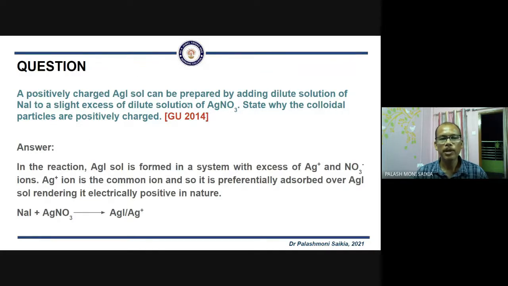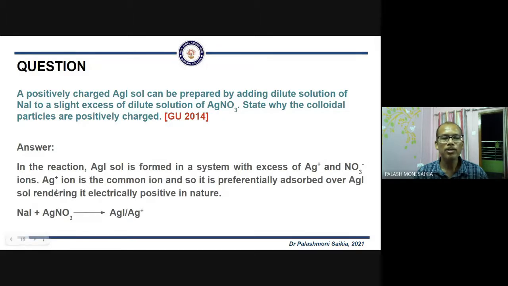Here it is definitely the theory of preferential adsorption of ions that we have to use. So when we add sodium iodide to silver nitrate, silver iodide sol will be formed in silver nitrate. That we have to keep in mind: it will be formed in a system which has a large amount of silver ion and nitrate ion.